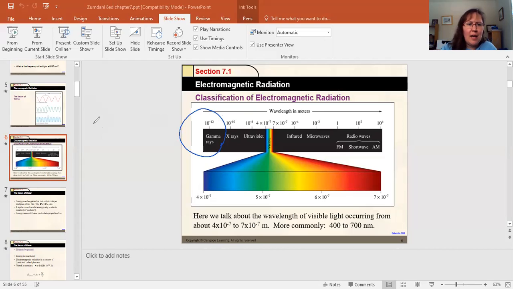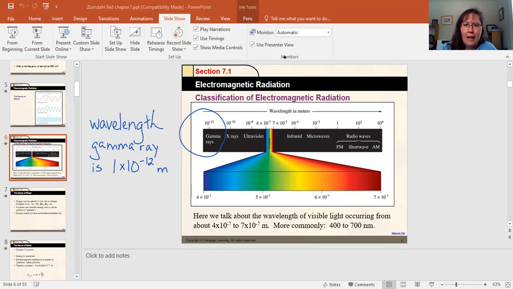That means that the wavelength for a gamma ray is about, so there's only one significant figure here. It's about, and there's a range, of course, about 1 times 10 to the negative 12th meters.